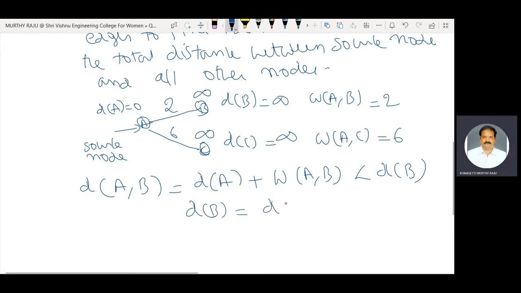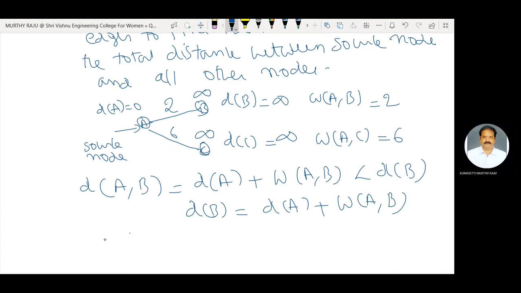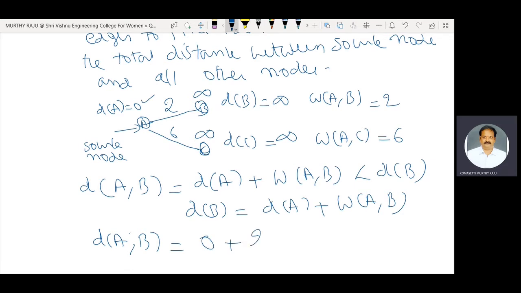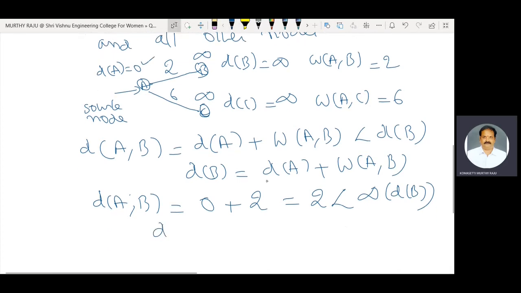Distance of B is equal to distance of A plus weight of AB. Find out d(B). d(A) initially is 0. The weight of edge AB is 2. 0 plus 2 is equal to 2. This is less than infinity, because the distance of B initially is infinity. Therefore, this condition is satisfied.